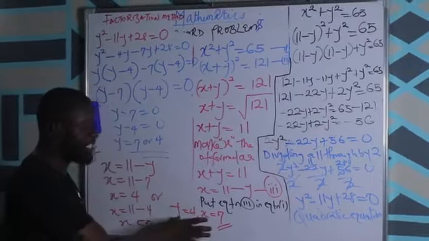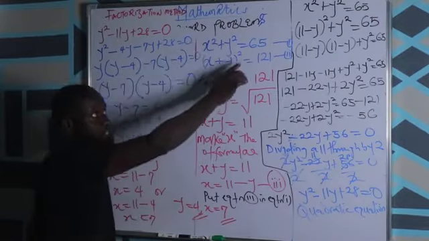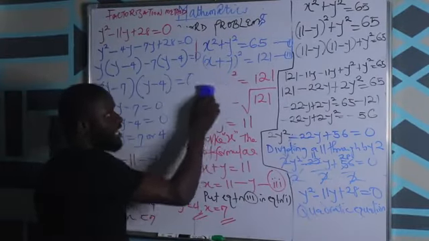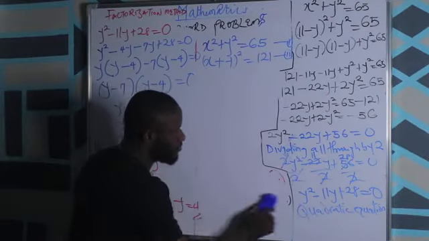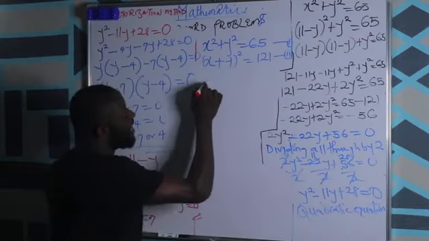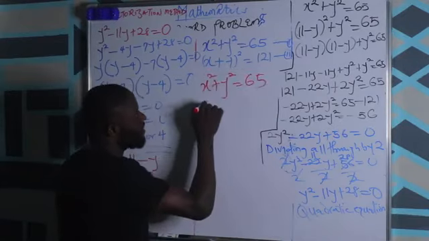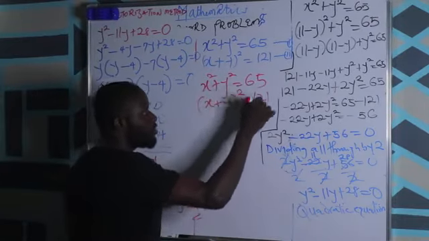So now let's see if we fix in 4 and 7 into the equation. It's going to give us 65 and 121. This is where you check if your answer is correct. So I have x squared plus y squared is equal to 65 and (x plus y) all squared is equal to 121.